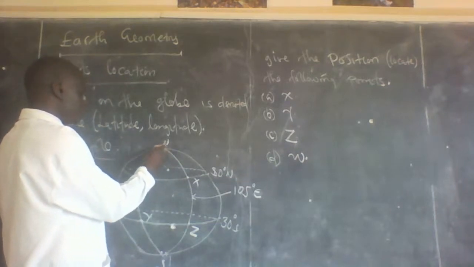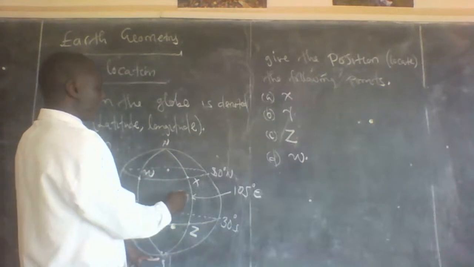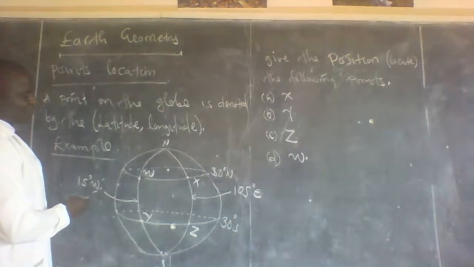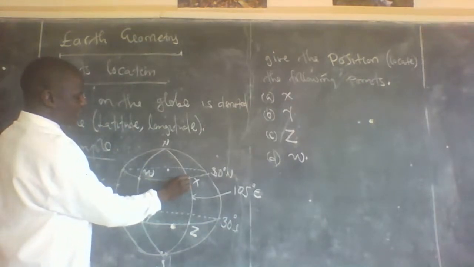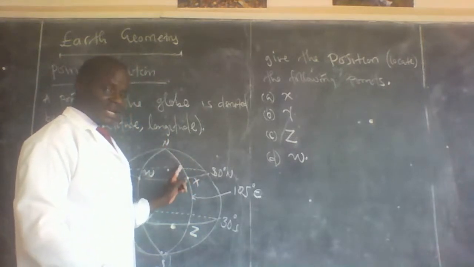I also said these longitudes are denoted by the Greenwich meridian, you can have some on the east, you can also have some on the west. So looking at point x, it is standing on two lines, the latitude and the longitude.